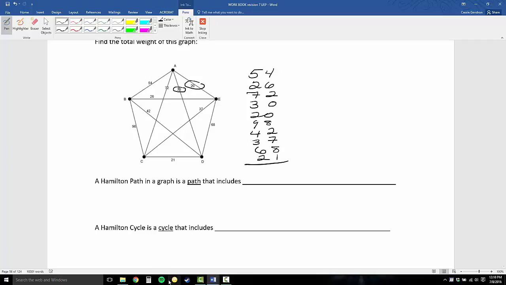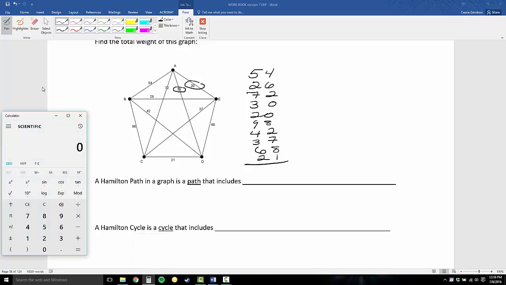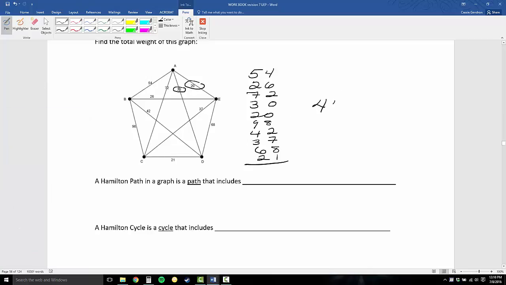And I'm going to take out my calculator because I can't do math without it. That gives me a total weight of 468.